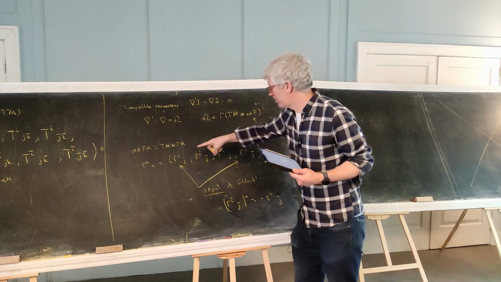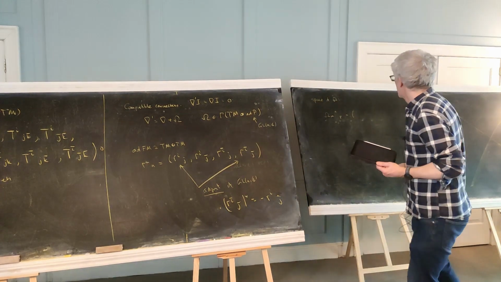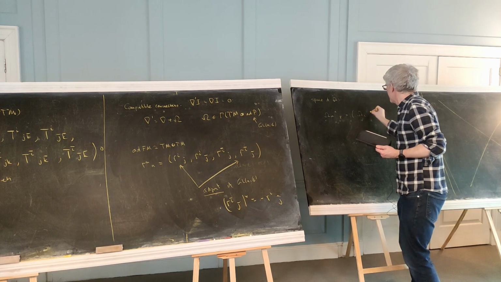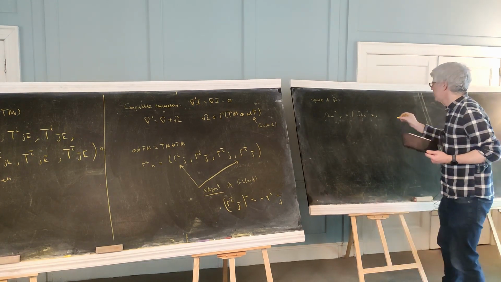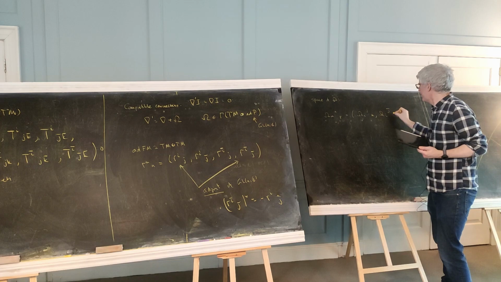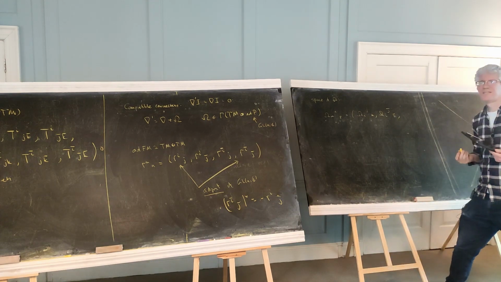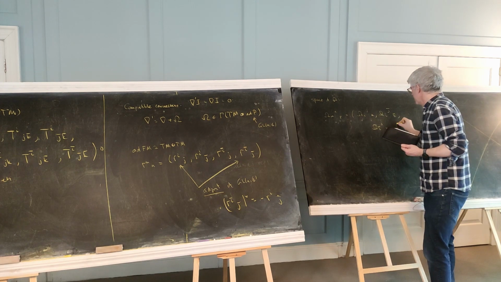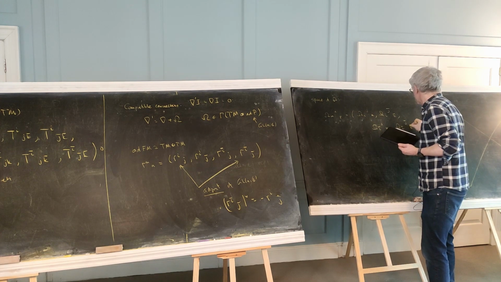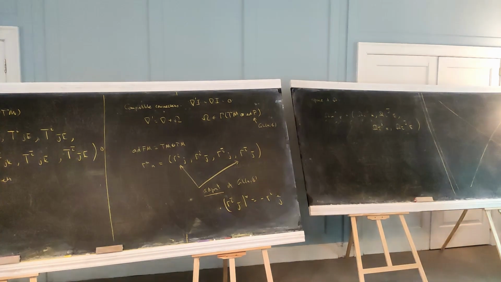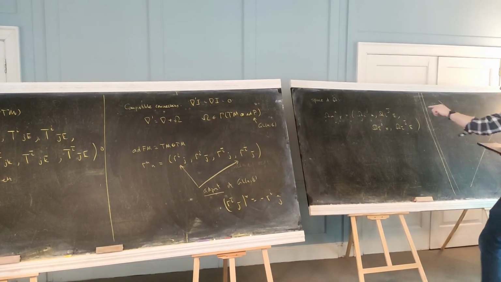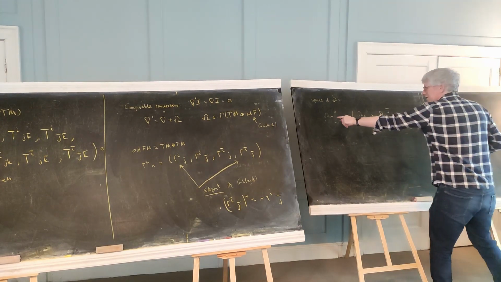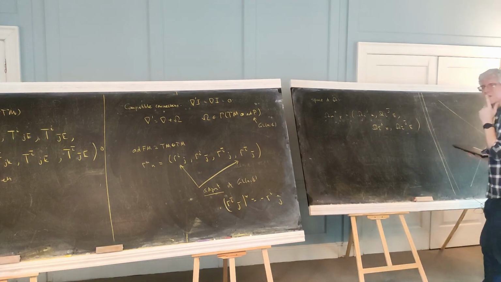The ad indices have to be the same. So what we're allowed, we could have omega I j k. We could have omega I j bar k bar. We could have omega I bar jk. We could have omega I bar j bar k bar. Those are the four possibilities, right? It has to live in the adjoint, so these are either jk or j bar k bar. And then this index could be either I or I bar.